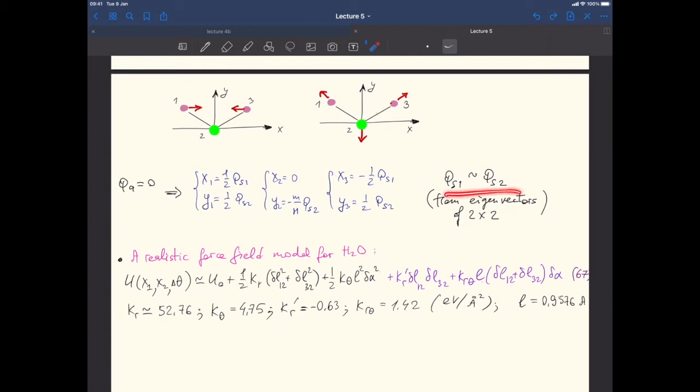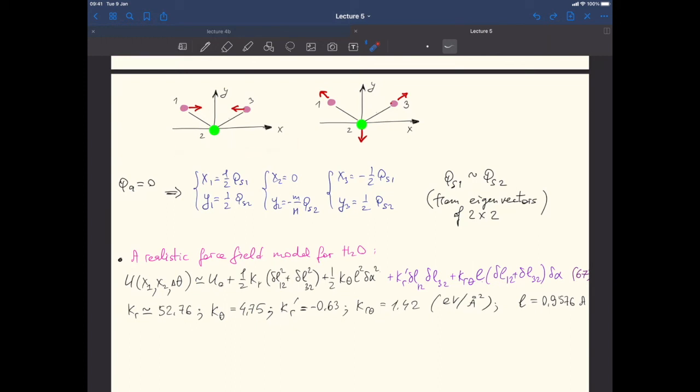But as I said, these are proportional actually, and you will see how they are proportional when we will solve this problem in detail. You will find that for each of the modes, the coordinates, all 6 of them, are related directly via one coordinate only, and then you will see how they change in time.